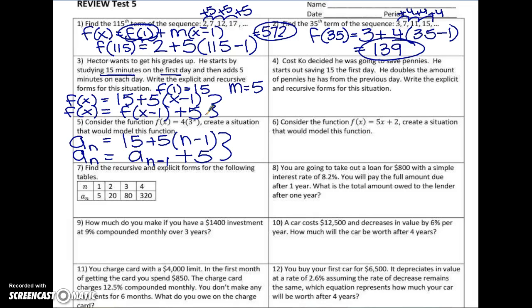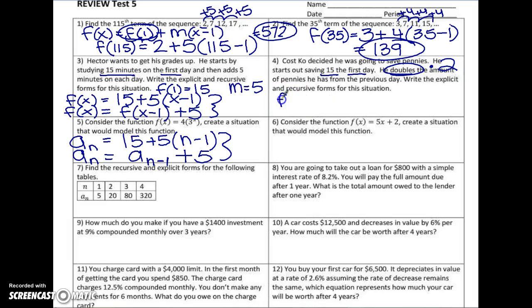We're going to do the same thing with this next one. Costco decided he was going to save pennies. He started saving 15 the first day. He doubles this amount from the previous day. Write the explicit and recursive forms of the situation. So we know we are working with doubling, which is multiplying by 2.